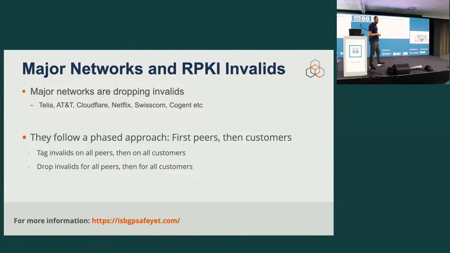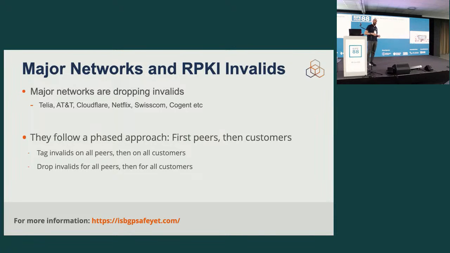Now, it really depends on your operational need, how you do it. So, for example, I told you about the engagements that we're doing in the Middle East with the operators there. And one of the approaches that we're doing, for example, now in Saudi Arabia, is that we're working with the operators for a period of 2 months, where they will run their validators, start tagging the routes, either valids and invalids, do the logging, do the analysis, and then at the end of the 2 months, where they are sure that dropping the invalids will not affect any of their live traffic, this is where we'll start actually dropping the traffic.